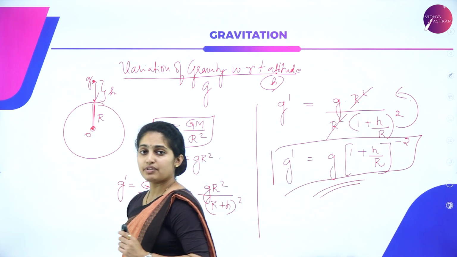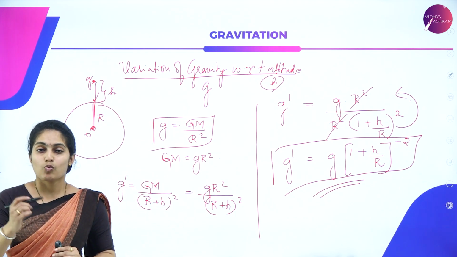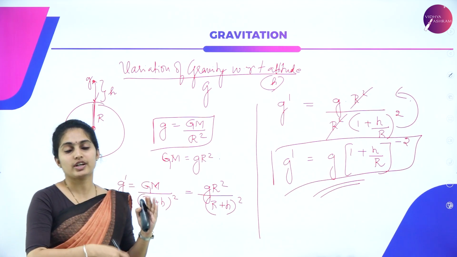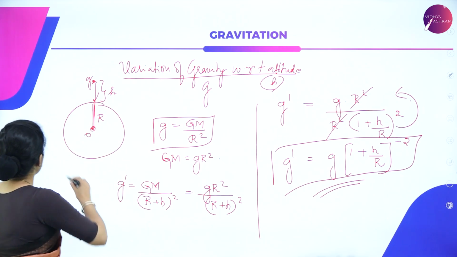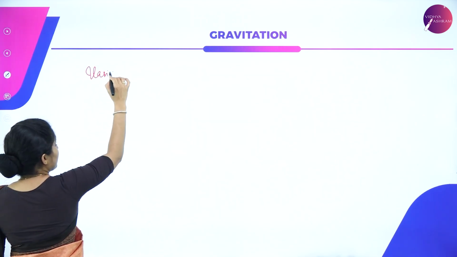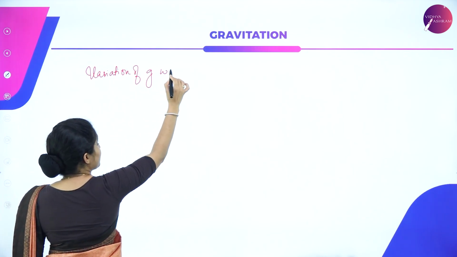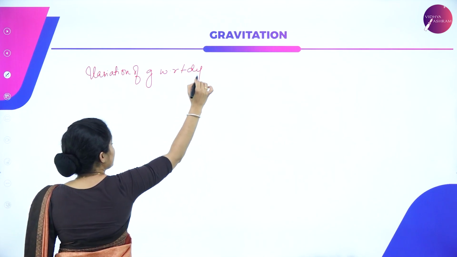Now let us check the variation of the same gravity in the case of depth. At height we have seen, now let us check with respect to depth. Variation of g with respect to depth.